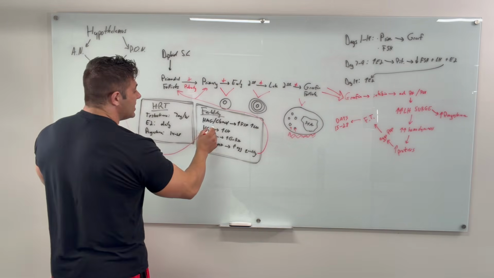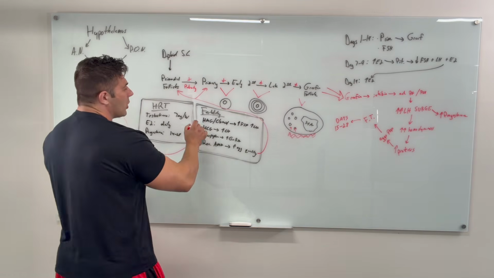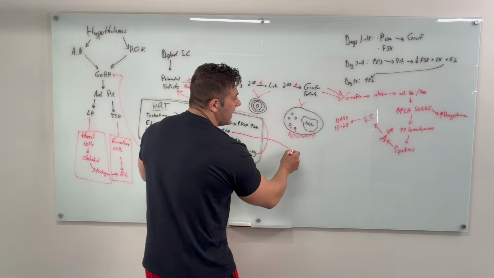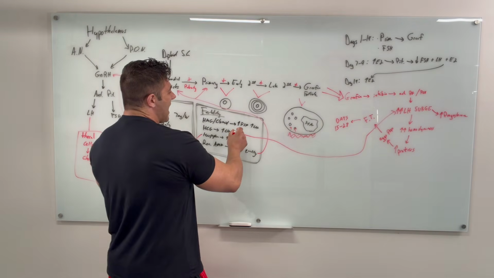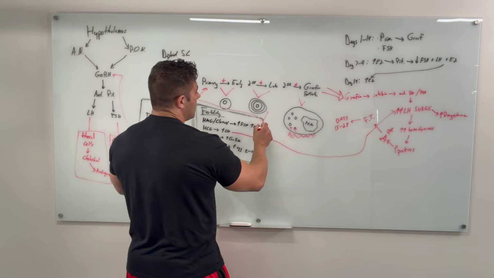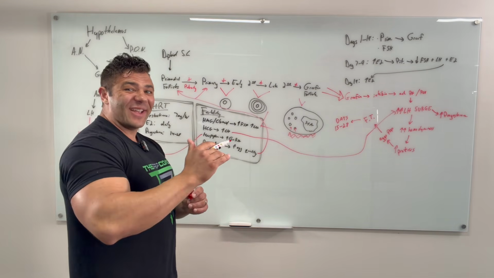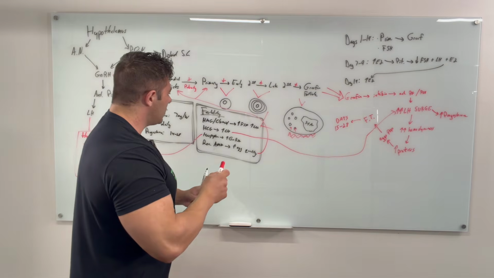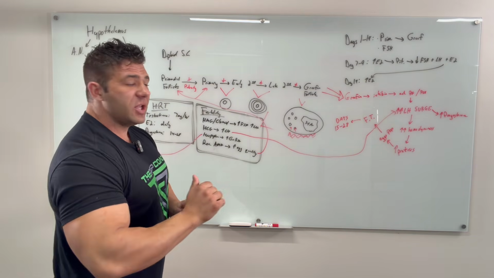Then we could see HCG coming in, and we're seeing the LH surge, and then we're seeing FSH and LH happening everywhere, right? Because you always have that balance of FSH and LH. So now, using basic biology, you can understand when to use which.